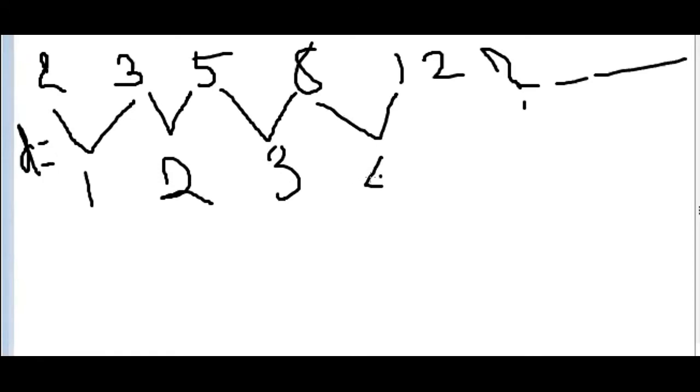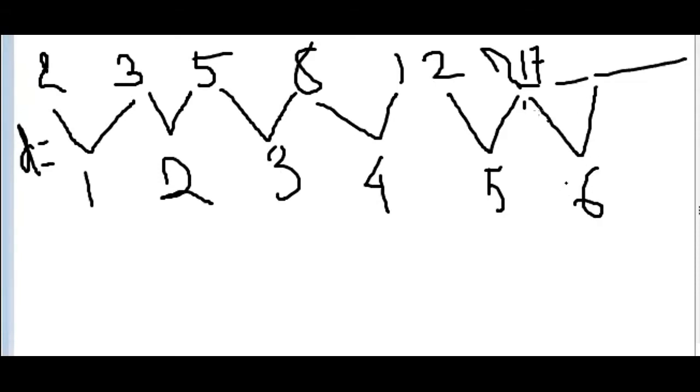Here the difference is 4. So for the next number, the difference is going to be 5. So 12 plus 5 is going to be 17, and that's the next number. Now for the next number, there is going to be a difference of 6, and the addition of 17 and 6 will give us our next number. So this is how this series is being formed.